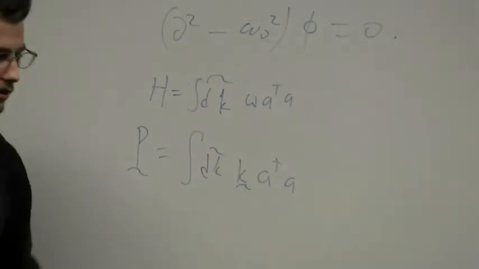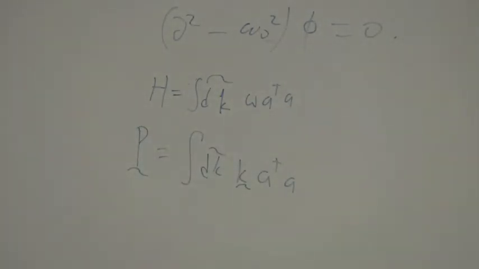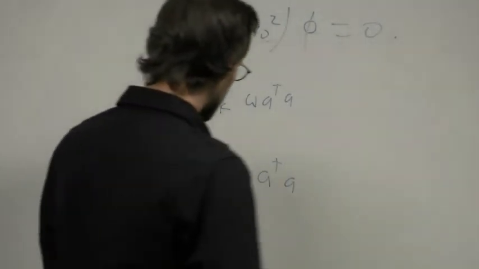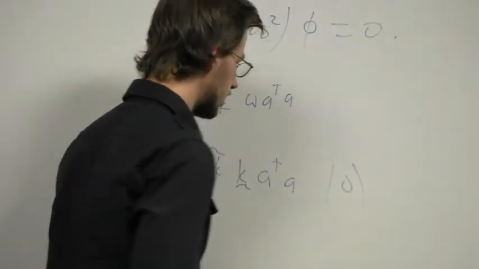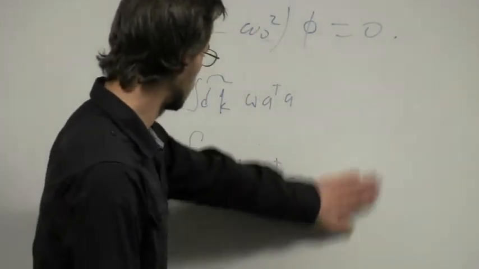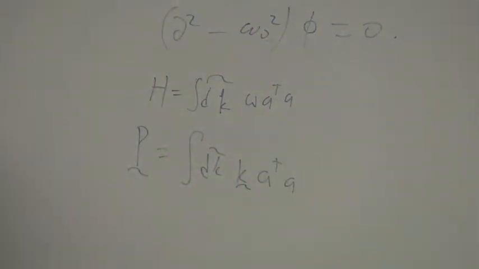So omega is essentially the energy of the quantum state, and K is the momentum of the state you're acting on. So you act on some state 0, and you get some momentum eigenstate K when you do that. Or if you act with the entire integral, you get all possible states.